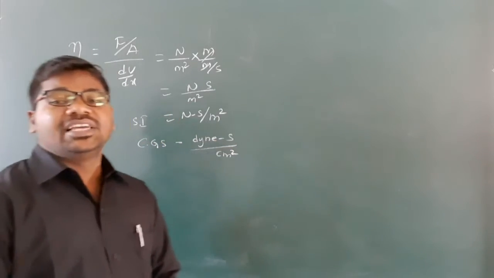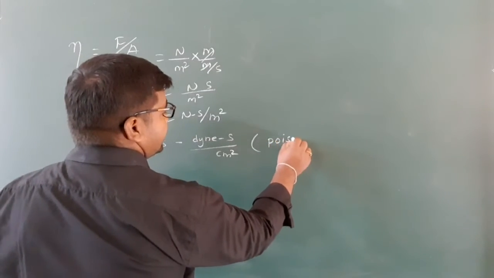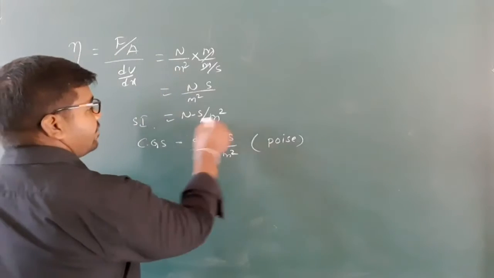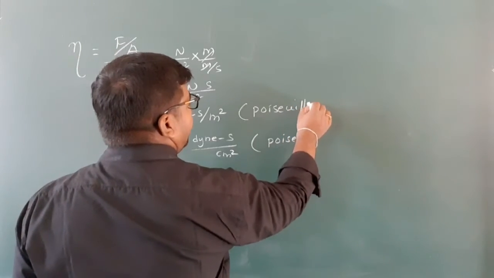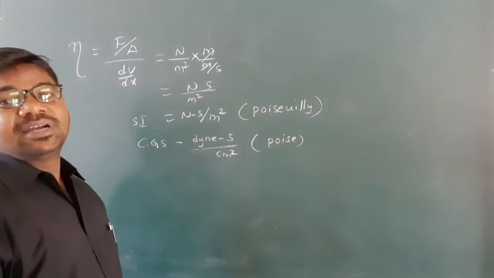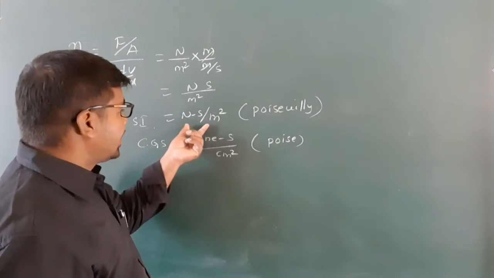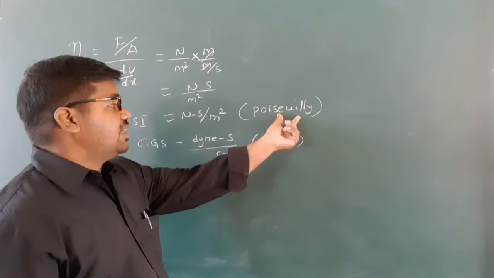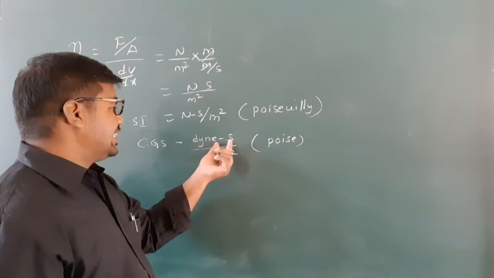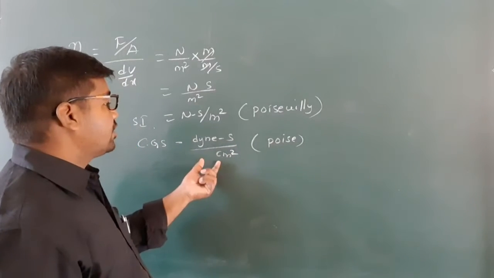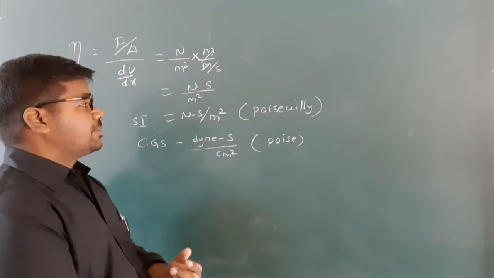So we can say it is called poiseuille in SI unit, poiseuille only. So Newton second per meter square is called poiseuille. And in CGS, dyne second per centimeter square is called poise.